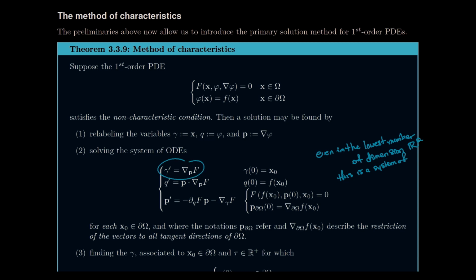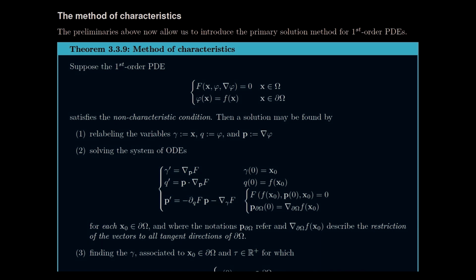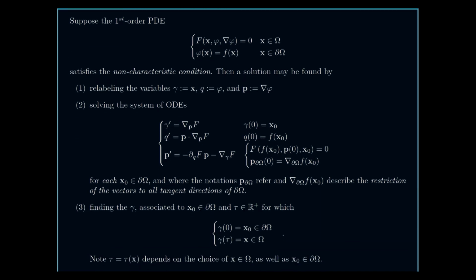That's a vector in 2 dimensions, that's a scalar, and that is a vector in 2 dimensions. So it's a system of 5 ODEs. So the simplest possible method of characteristics reduces a first order PDE in 2 dimensions, where the domain is 2-dimensional, into a system of 5 ODEs. That's the best we can hope for when it comes to the method of characteristics. So that's part of what makes this a difficult problem.